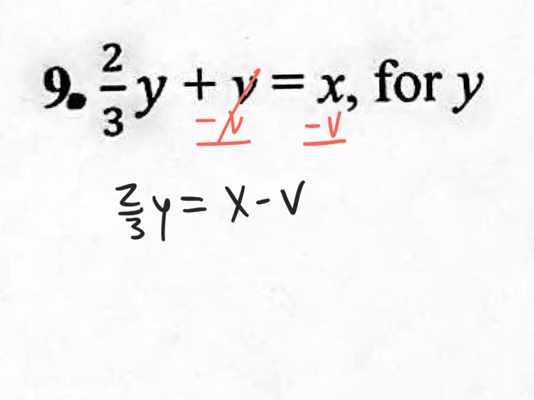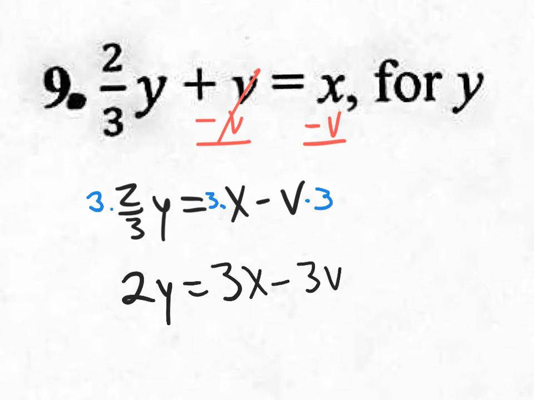Now, what do I do next? Multiply everything by what? By 3. That way it'll cancel out. Times 3, times 3. So if I multiply everything by 3, I will have 2y equals 3x minus 3v.